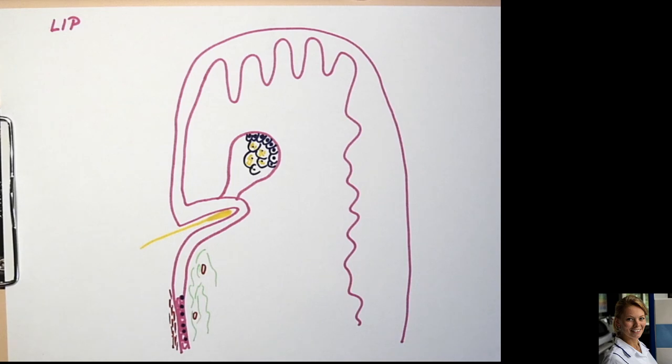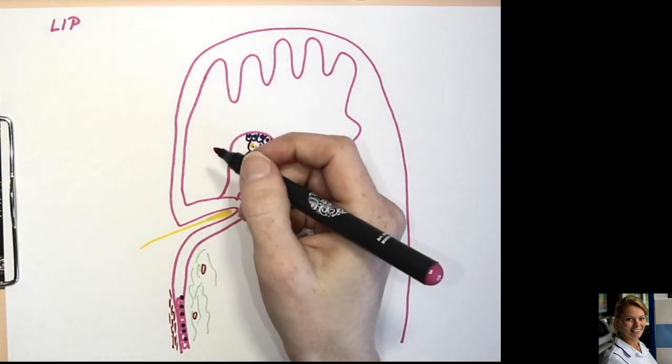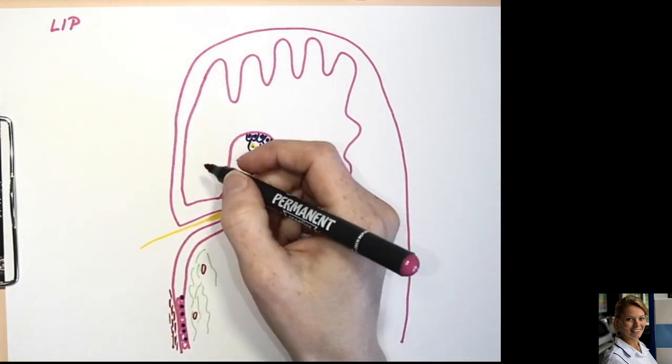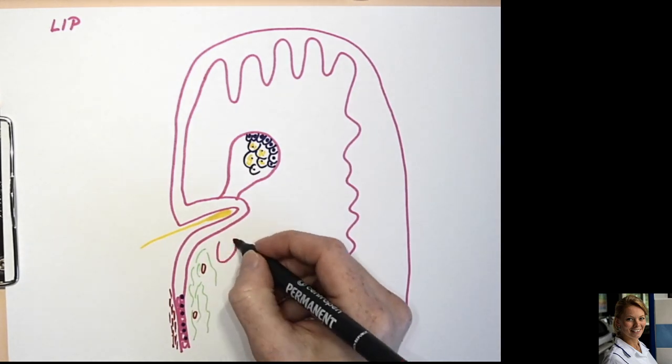And another type of gland in the cutaneous part of the lip is sweat glands.